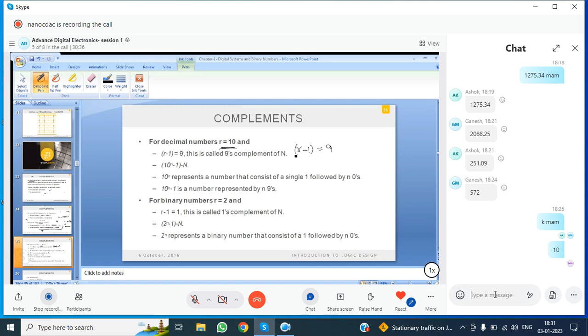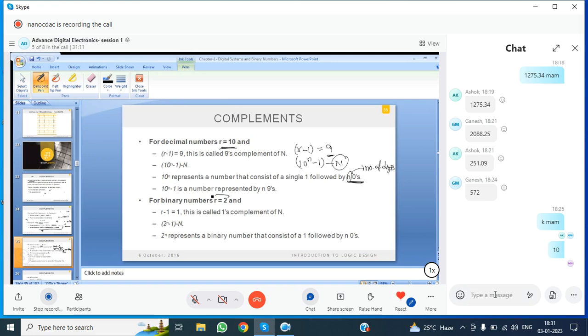This is called the 9's complement of N, which is equal to 10 power n minus 1 minus N. This N may be anything. 10 power n represents a number that consists of a single 1 followed by n zeros. Don't get confused here: n is the number of digits. 10 power n minus 1 is a number represented by n nines.